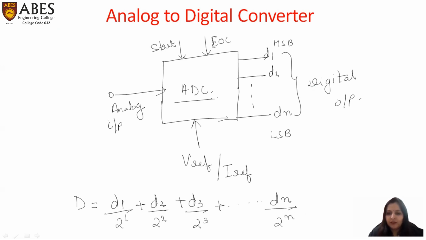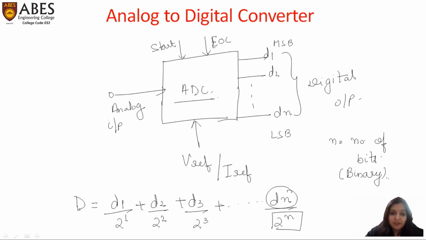So we are actually dividing our LSB value by the maximum value of number of bits. So that is why it is termed as LSB, because it has the least important value. So this total D, that is the input voltage, is equivalent to this combination, where n is the number of bits, that is in binary.